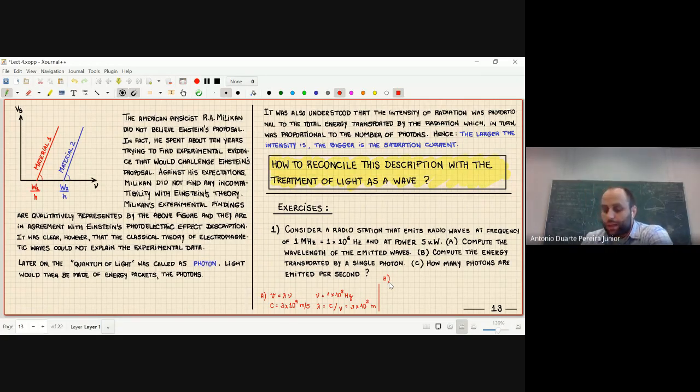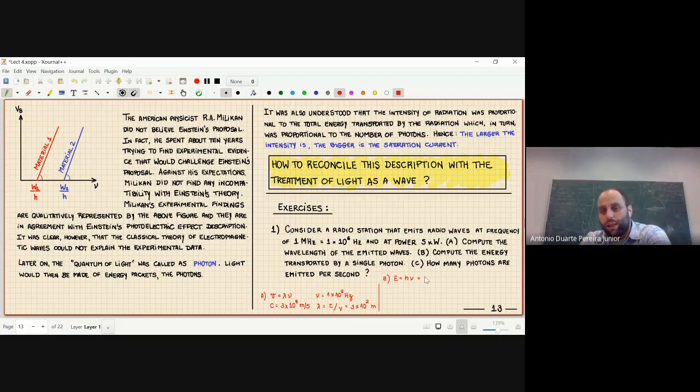So a single photon transports energy that is E is equal to Planck's constant times the frequency, right? So H is a constant that has a fixed value. So we just look at your notes and you're going to find the value of H. And nu is the frequency of the radiation.